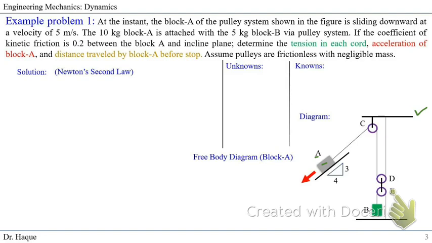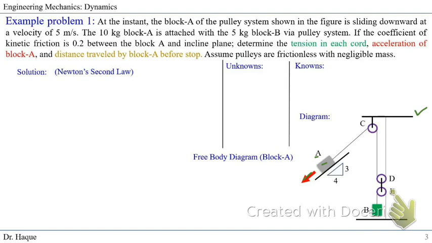So the block is going downward, as the red arrow shows, at a velocity of 5 meters per second. So block A has a downward velocity of 5 meters per second, and the mass of block A is 10 kilograms, and it is attached to a 5 kilogram block B.